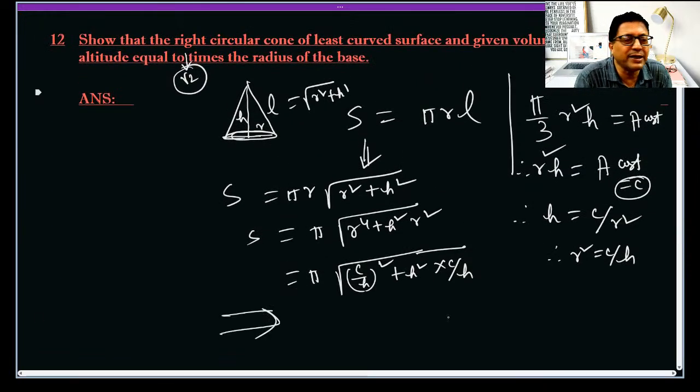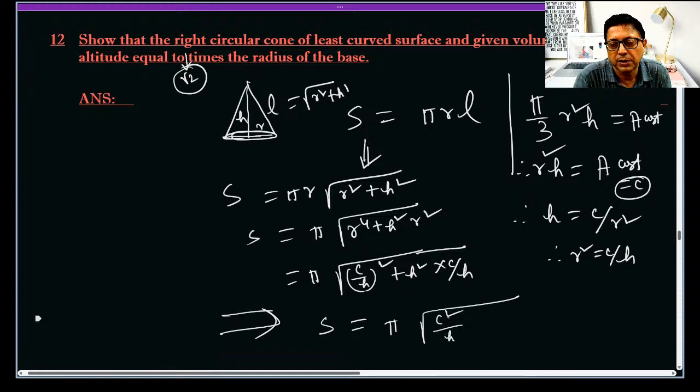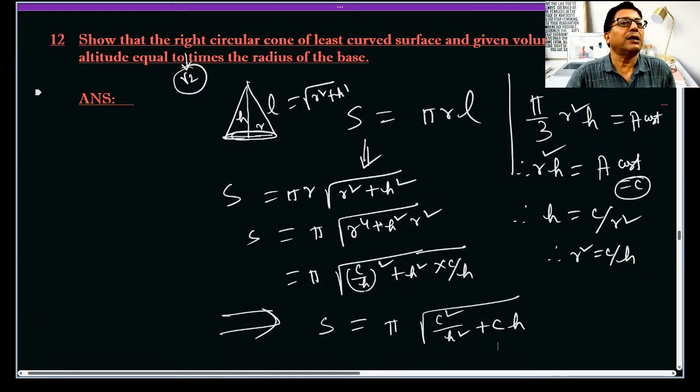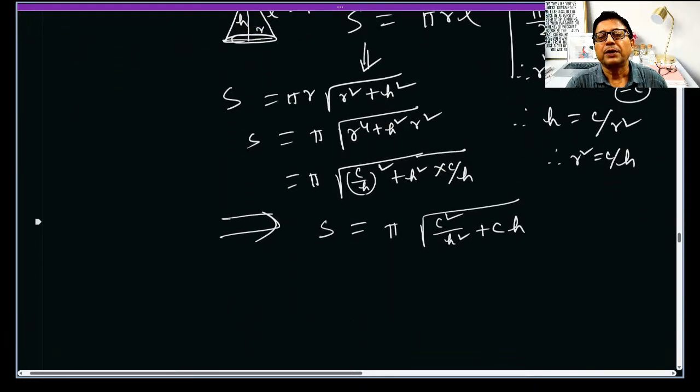So S equals pi into under root of C square by H square plus CH. After this step, you will not keep the root in your consideration. Why?